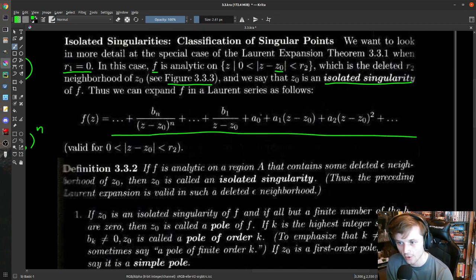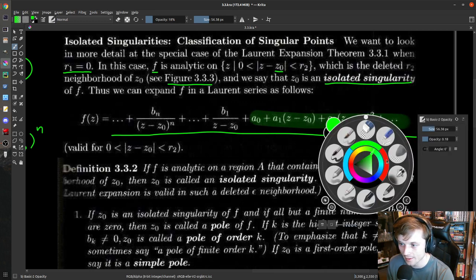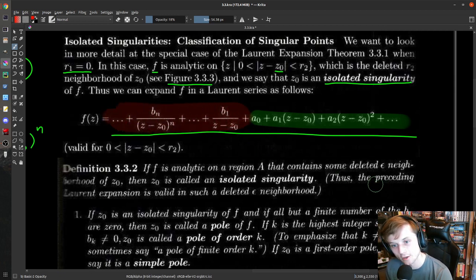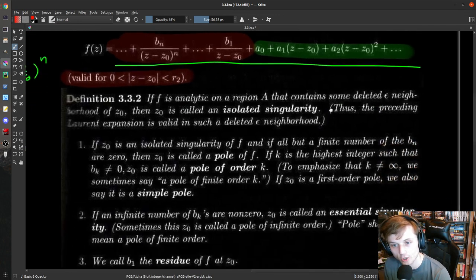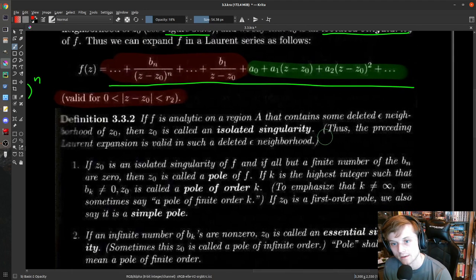We've got our regular Taylor series looking chunk in one direction, and in the other direction we've got something in the denominator looking chunk. This is obviously valid on our annular region. All good. We're going to classify what this whole thing is like. What different cases can occur?